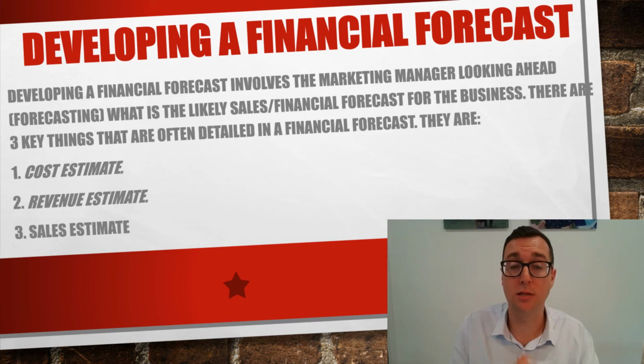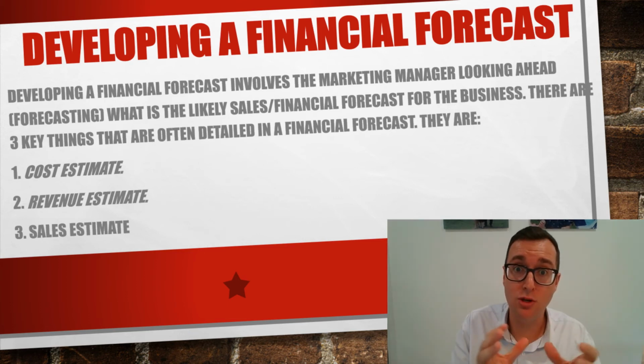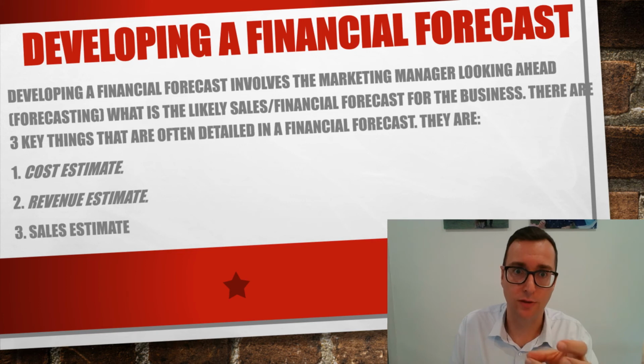They are a cost estimate, how much they think it will cost to be able to run a marketing campaign, a revenue estimate, basically the marketing manager will try and forecast and see how much revenue is likely to be made, and a sales estimate, looking at what is the forecasted sales figures.